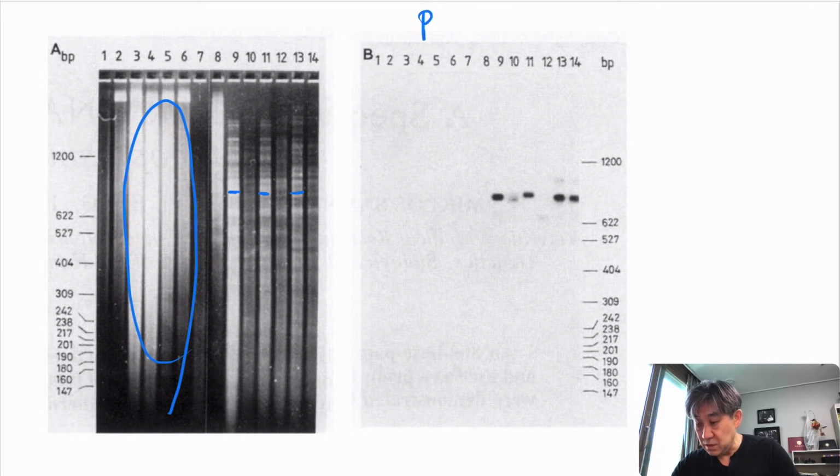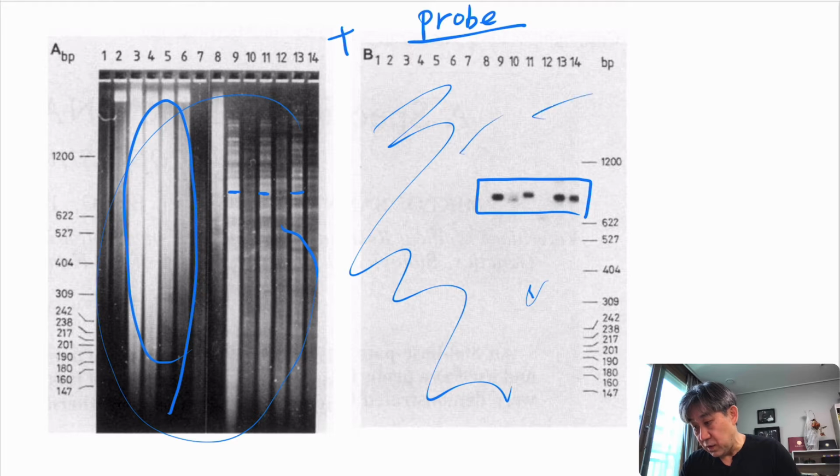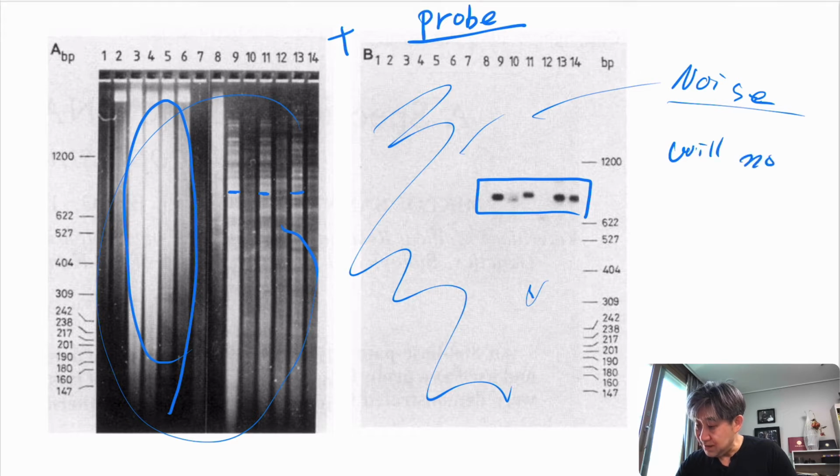Then here comes the concept of a probe. Using the probe, you can specifically identify whether you have it or not, because once you let this whole sample interact with, you apply some specific probe, and then this probe can only detect by interacting with the specific target DNA fragment, and all other noise will not show, because they are not going to interact with the probe.